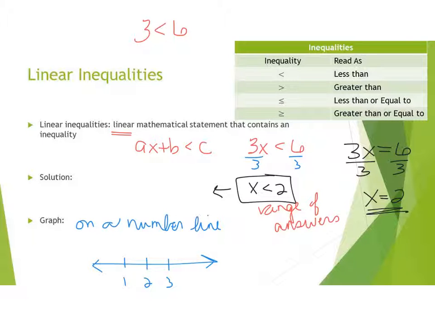We're going to do an open circle for less than or greater than, and a closed circle for less than or equal to or greater than or equal to. So this is going to be an open circle on 2, and then you draw an arrow. I want my x to be every number less than 2, so I'm going to go to the left, because that takes care of every number that is less than 2.